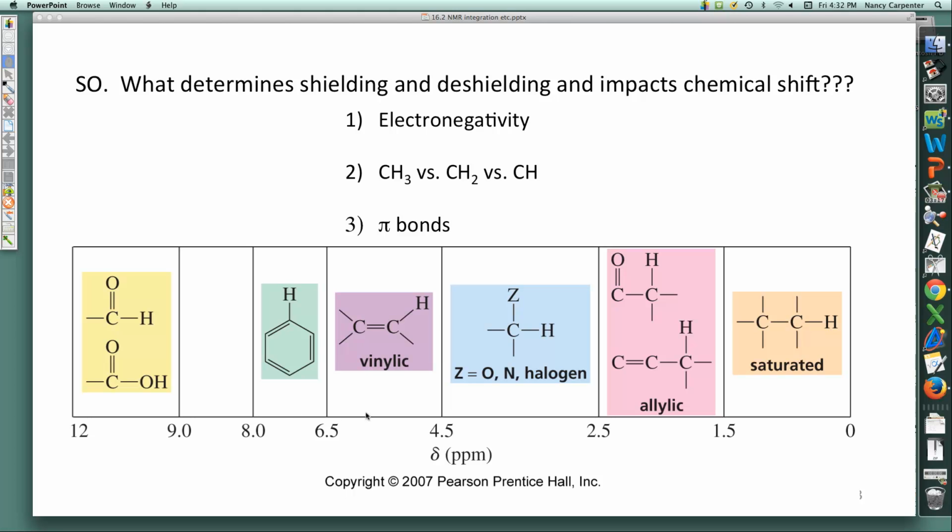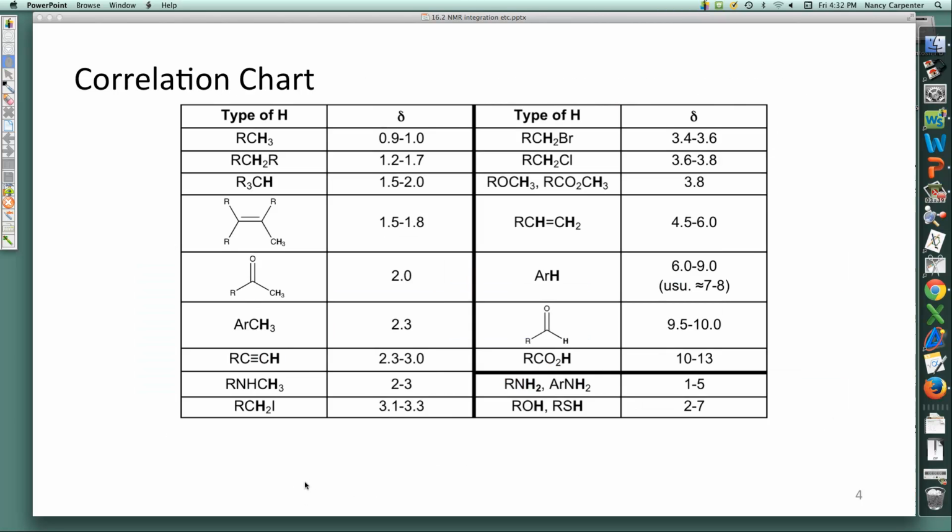Starts getting weird around 5 to 8. Doesn't look very deshielded to me, but for some reason hydrogens near an alkene or an aromatic ring are way downfield, and then, geez, oh Pete, you look at carboxylic acids or aldehydes, they're practically off the charts all the way downfield at 10 to 12.